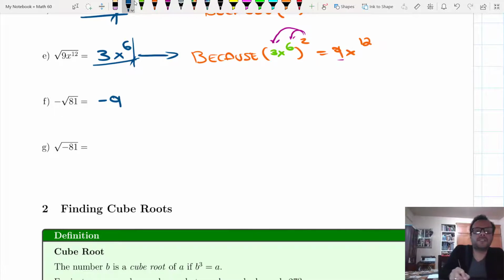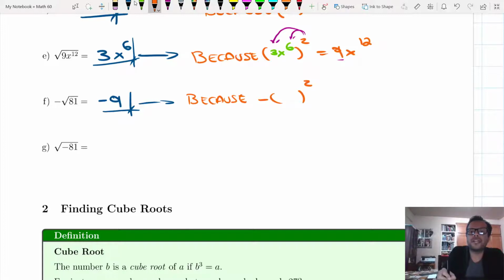The explanation is because 9 squared equals 81, all right? Actually, we can just get rid of the negative sign for now, because we're only looking at the number, right? So this is 9, all right?